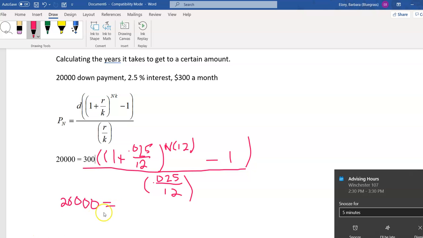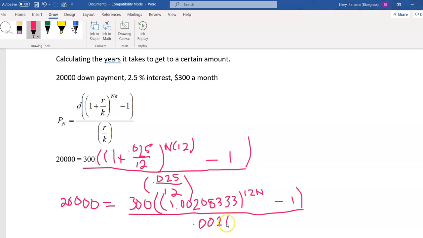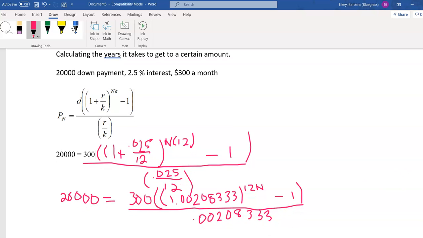So that gives me 1.0020833, and I have it now to the 12n minus 1. And that's all on top. And then 0.025 divided by 12, it's just the decimal portion, 0.002083333.